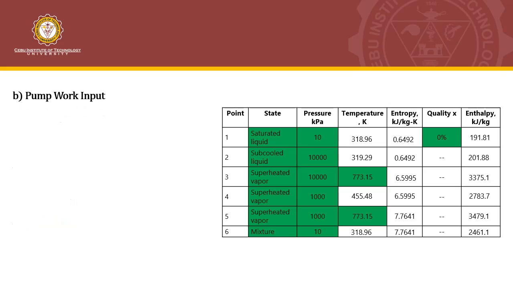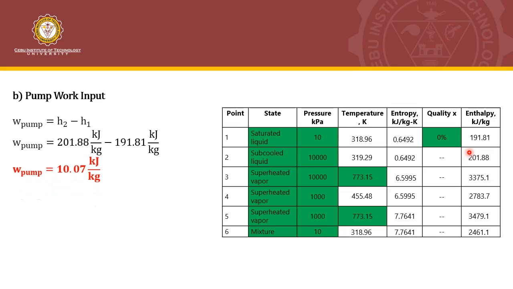The second quantity that we'd like to know is the pump work input. For the pump work input, the formula is simply h2 minus h1, because that is the difference of the enthalpy at the pump. So we just input the values from this table. We already have the values of h1 and h2 here.